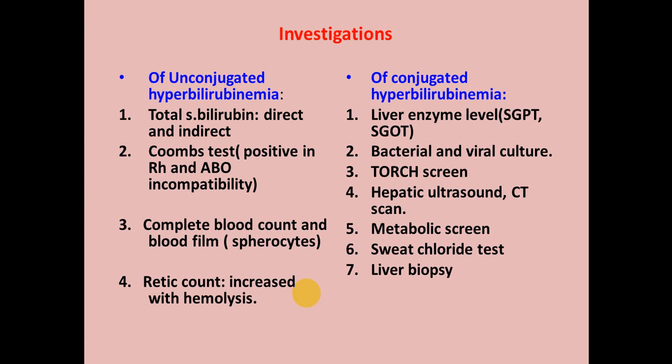And if there is an RH or ABO incompatibility, we send the newborn Coombs test, which is positive in RH and in ABO incompatibility. These are the most common investigations that we may need.